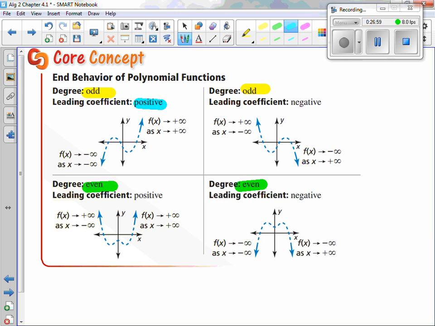Okay. Now we also have even and positive. Even and positive says f of x approaches infinity as x approaches negative infinity, and f of x approaches infinity as x approaches infinity. Not negative infinity, it's just positive.